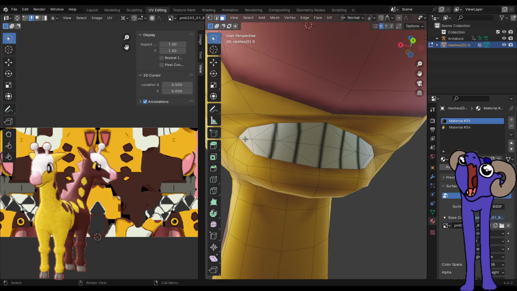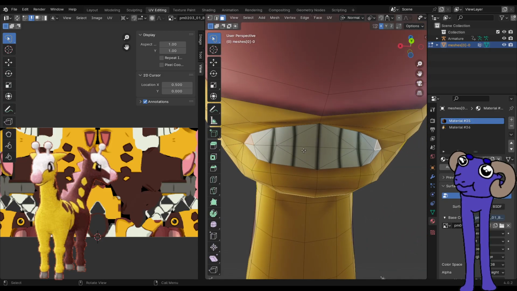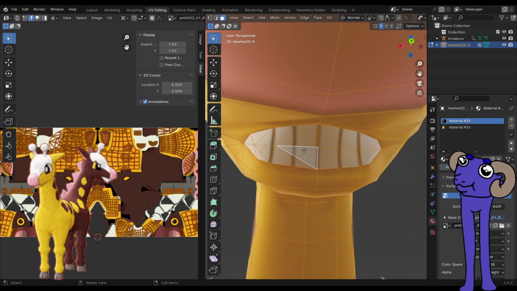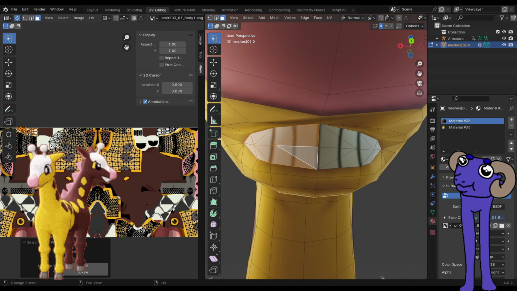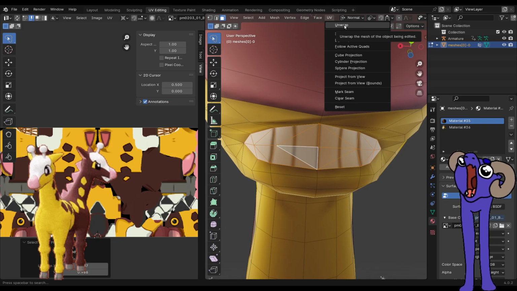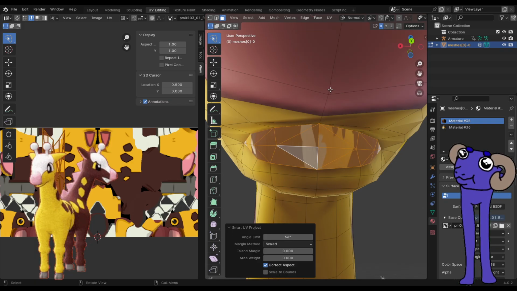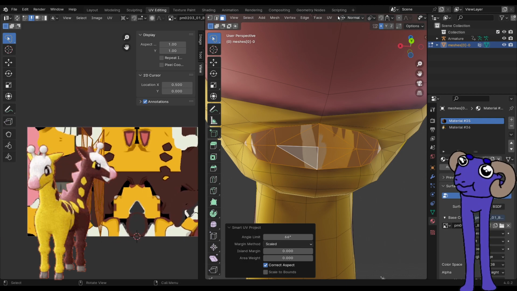Honestly, I'm really tempted to just redo the UVs on this entirely. But if we go to UV, Smart UV, is that gonna do this good? Not really, no.